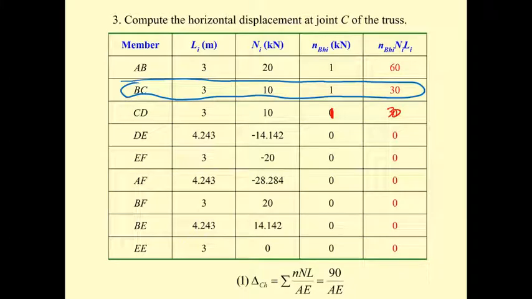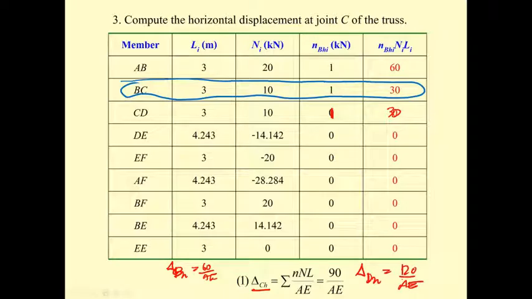So delta sub C, delta sub BH is 60 over AE. Delta sub CH is 90. Delta sub DH is 120 divided by AE.